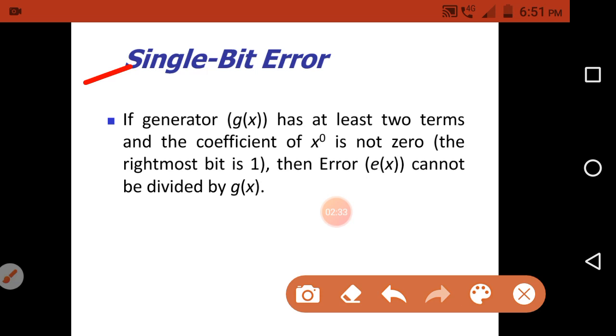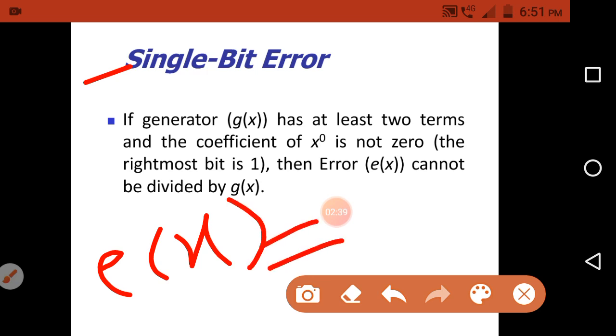So how can we represent that single bit error in polynomial form? That is e of x equal to x raised to i. Here i represents the position of the corrupted bit.